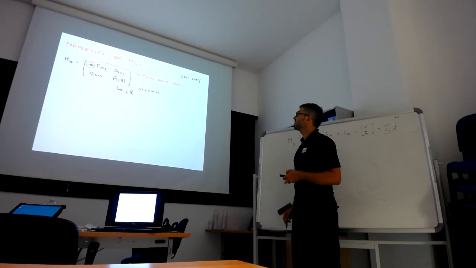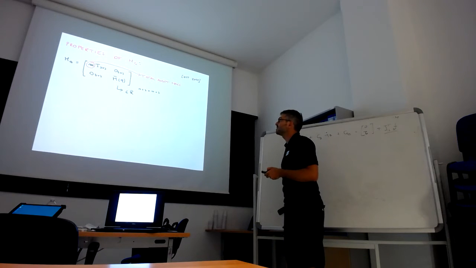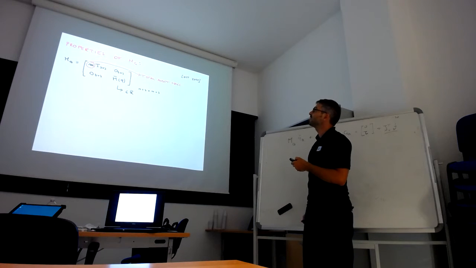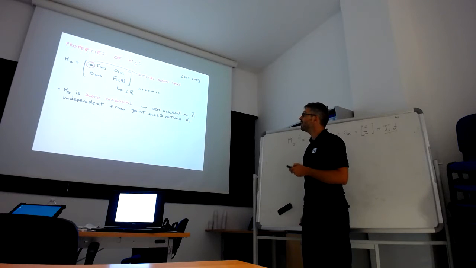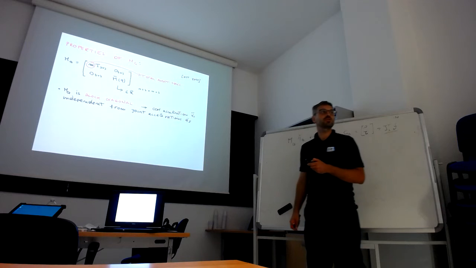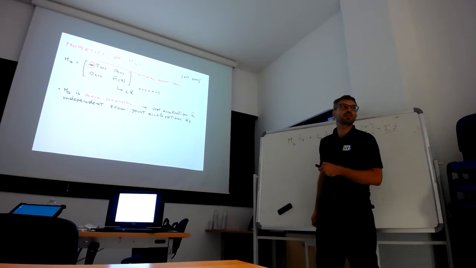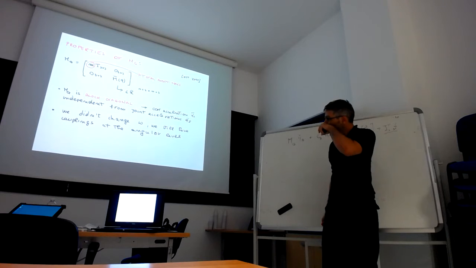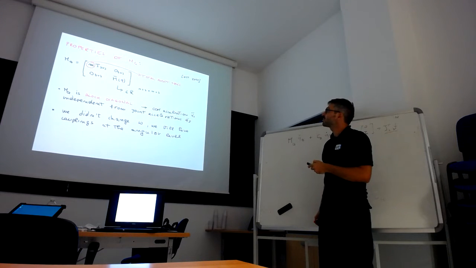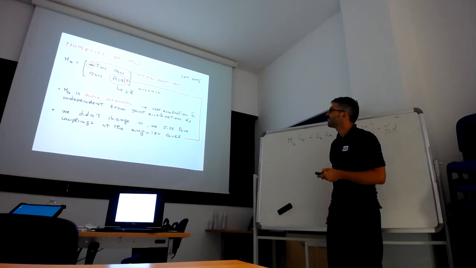And if we inspect, this is a paper of Ott 2011, the structure of this inertia matrix, we see that it's block diagonal. But so we see that the central mass acceleration is independent from the joint acceleration. So we eliminated the coupling coming from the joints, but only for the central mass. So we still have some couplings on the angular part.